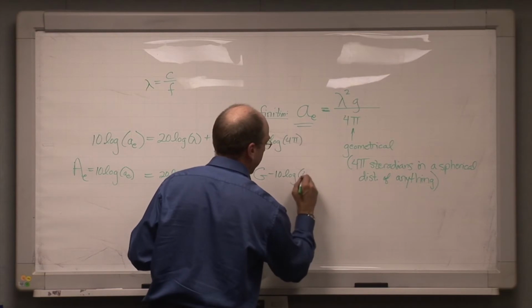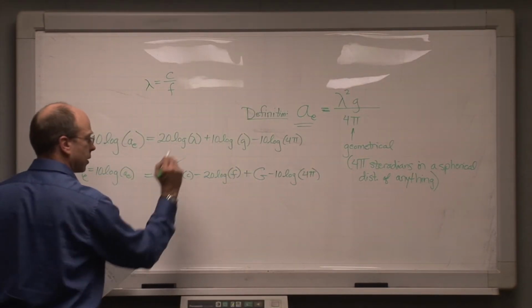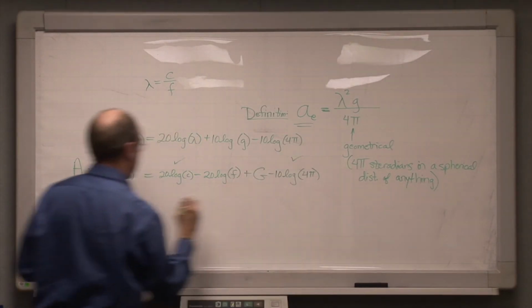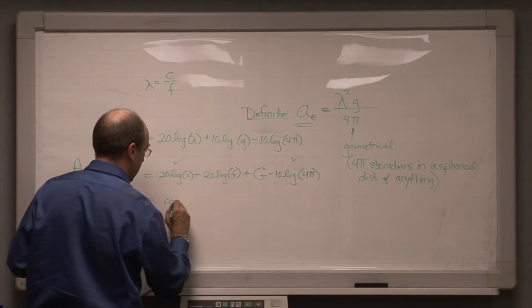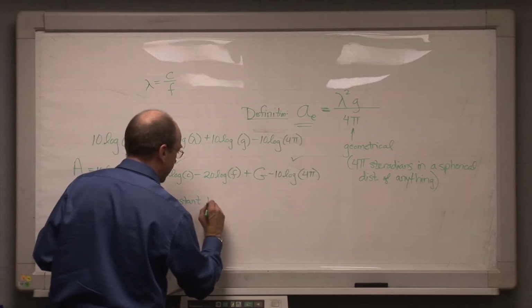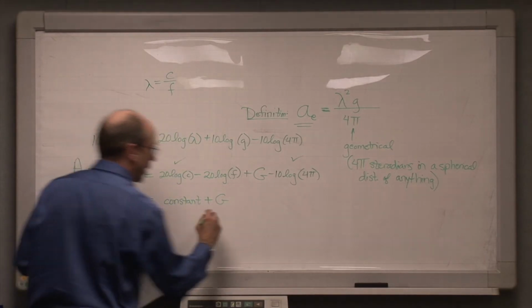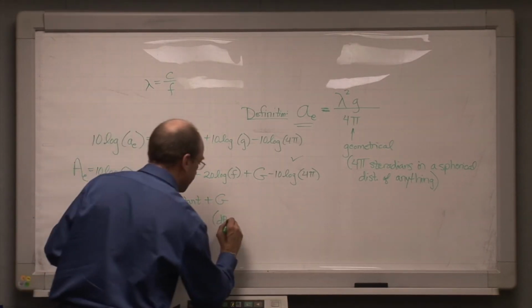And here's where I'm going with this. This is a constant. This term is a constant. And so that means that we have some constant terms that we pull together. Then we'll go ahead and add big G, the gain in decibels relative to isotropic.